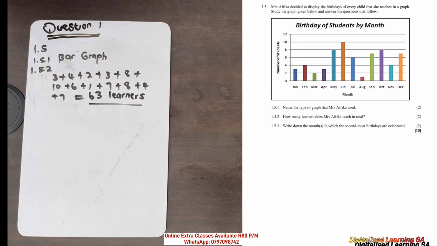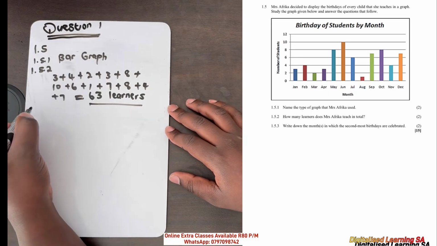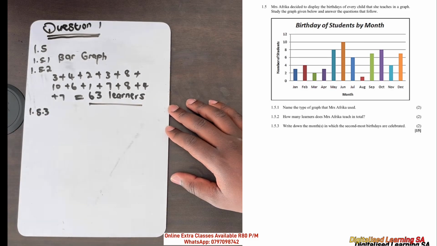Okay, so now let's move to the last question of question 1, which is question 1.5.3. It says write down the month or months in which the second most birthdays are celebrated. Most birthdays are celebrated in June because there are 10 learners in June celebrating birthdays.